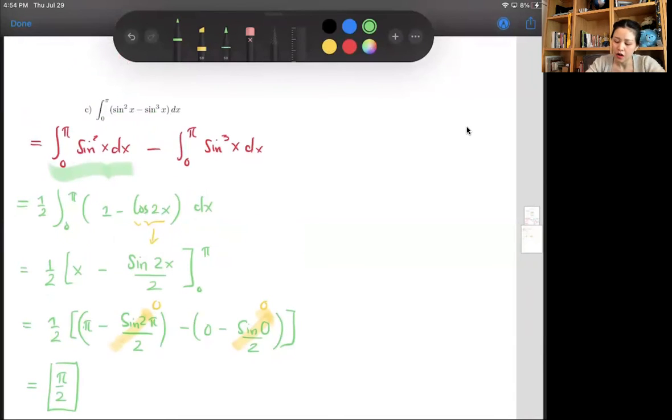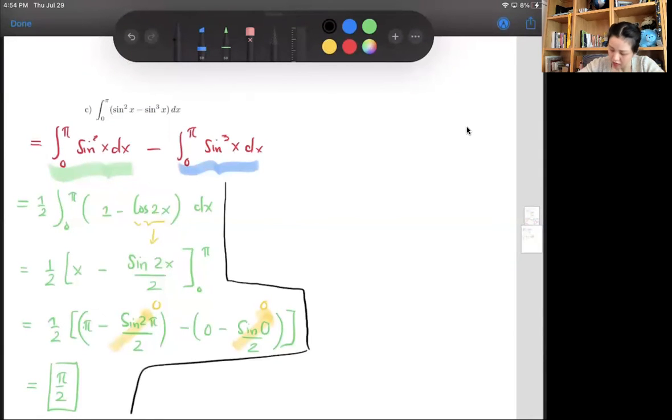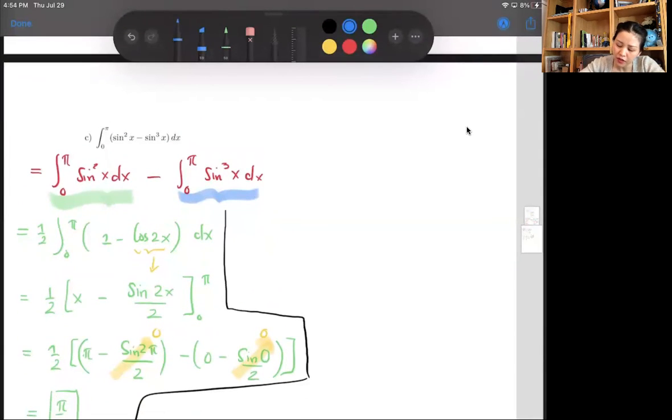All right. Now for the second part, maybe I'll code it in blue. For this part, I'm going to rewrite this sine cubed x as sine x times sine squared x.